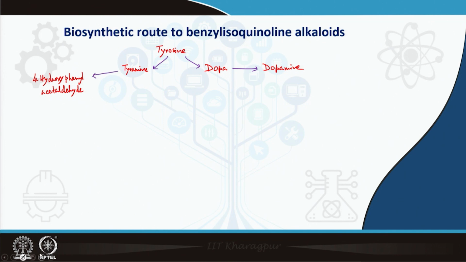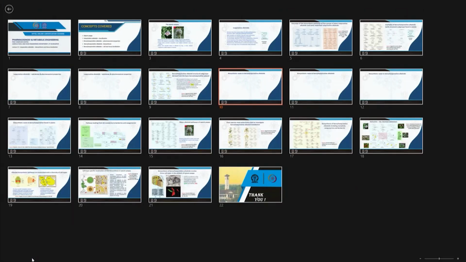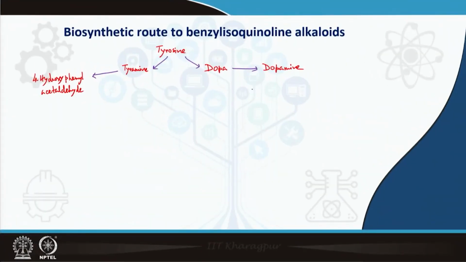So, the enzyme responsible for this: one is tyrosine decarboxylase, which is TYDC, which converts tyrosine to tyramine, and by the process it releases a molecule of carbon dioxide, and then tyramine through multiple steps is converted into 4-hydroxyphenyl acetaldehyde.